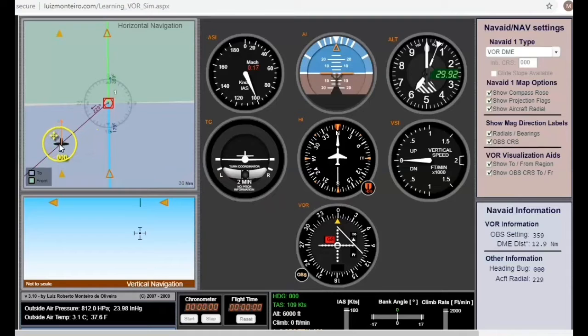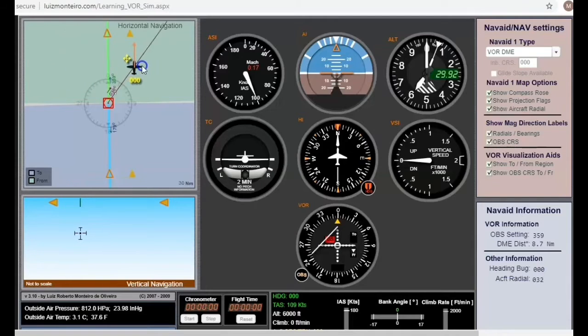It's imagining that if the airplane was facing north, the course we selected would be off on the right-hand side, hence the right-hand needle. The TO indication shows that if we were flying this way, we would be going toward the dividing line. Once we cross that dividing line, we'd now have a FROM indication.